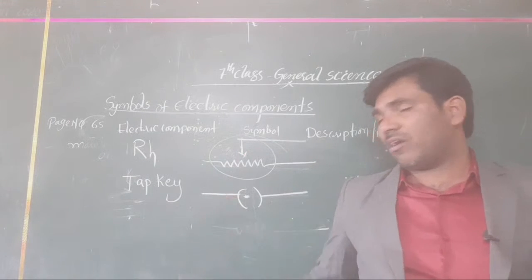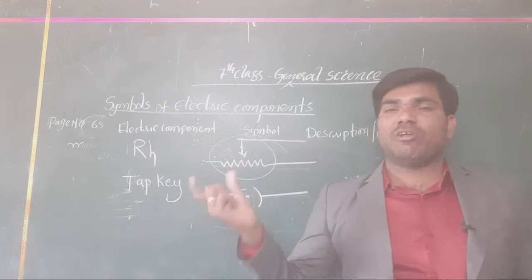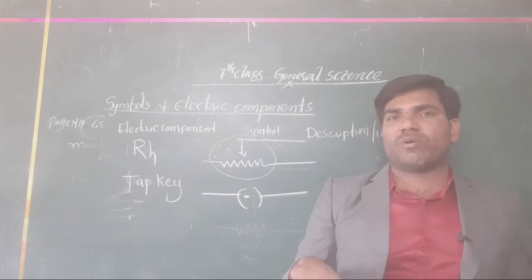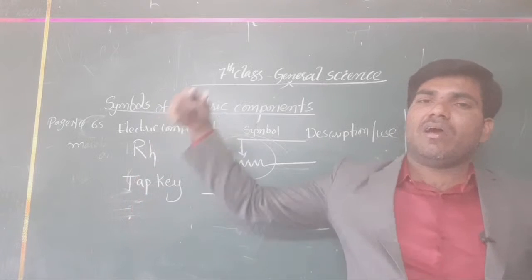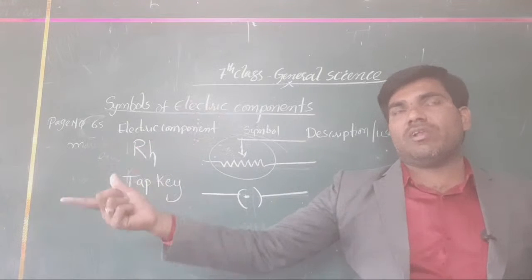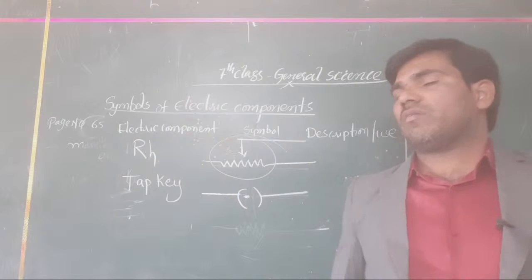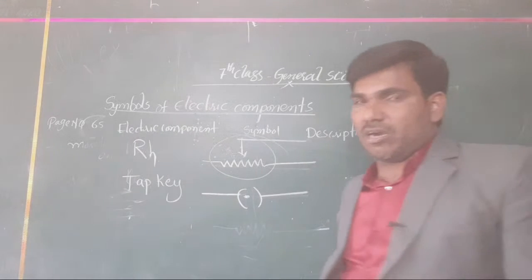Such things appear especially in well established houses, where we want to cut the current when we go out of the room. Then we have to take the strip for the key and enter it into that particular hole, and the current will be available. Otherwise, the current is disconnected. In that way, different symbols are considered for our electrical components.